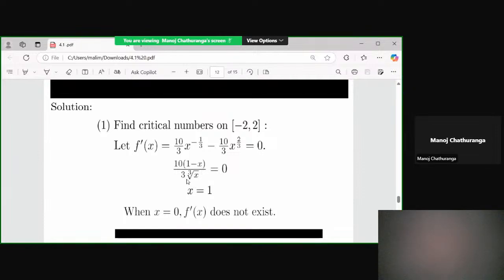So x equals 0 is a bad point. Bad in the sense that the derivative does not exist. So derivative does not exist means it is a critical point. So we have two critical points, x equals 1 and x equals 0.